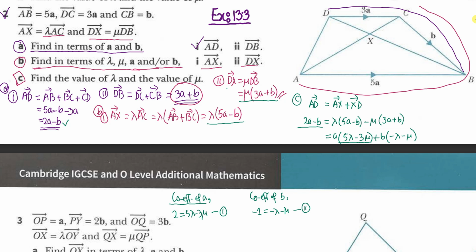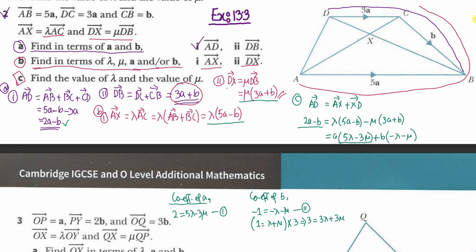From the second equation, if we remove the minus sign, we can write 1 equals lambda plus mu. I multiplied by minus on both sides. Now we are going to solve the equations. This is the second equation. We can multiply the whole equation by 3, then it turns to 3 equals 3 lambda plus 3 mu.